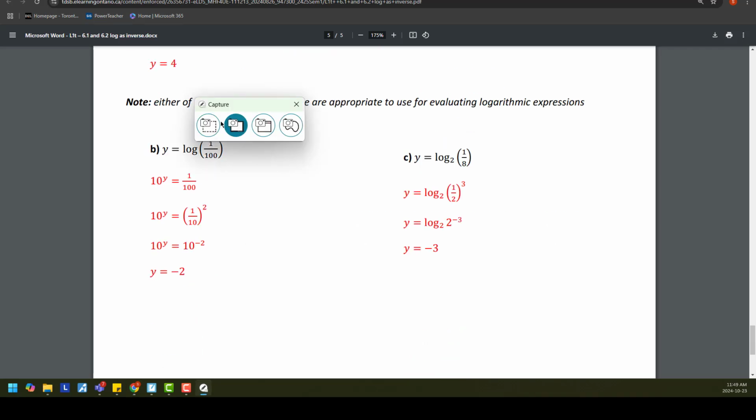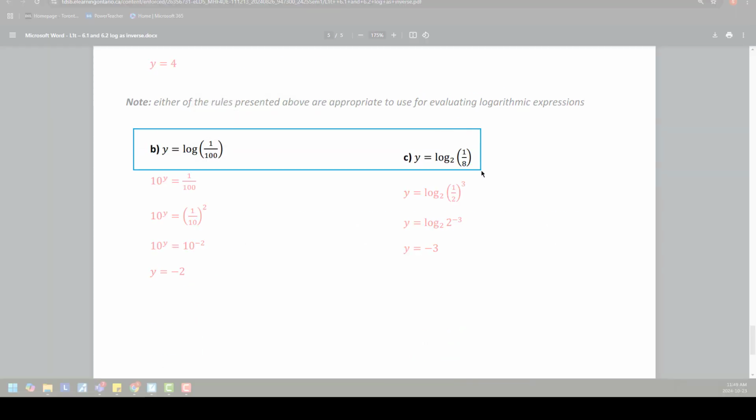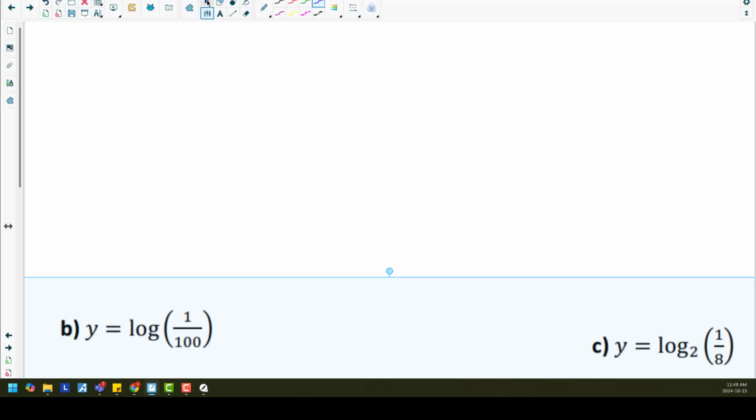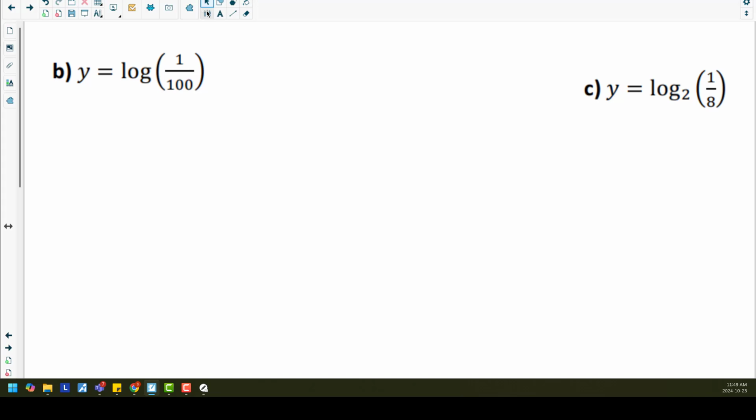And now, just a little bit more examples. Log of 1 over 100. We know log is generally base 10 if there's nothing written. And we can rewrite this as 10 to the power of negative 2. How do I know it's 10 to the power of negative 2?